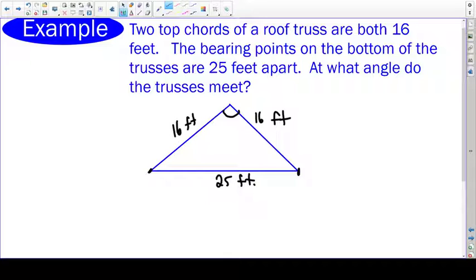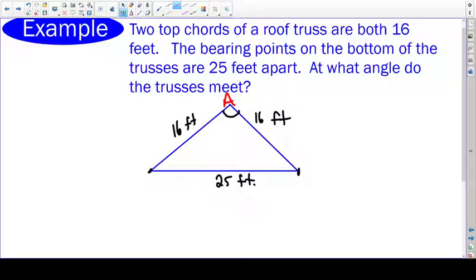So if we're looking for that angle right there, can we use sine law or cosine law to figure this out? Well, when we know 3 sides and we're looking for an angle, the answer is always cosine law. So for cosine law, we'll have to use some letter to represent this angle. We might as well use the letter A, although it really doesn't matter.